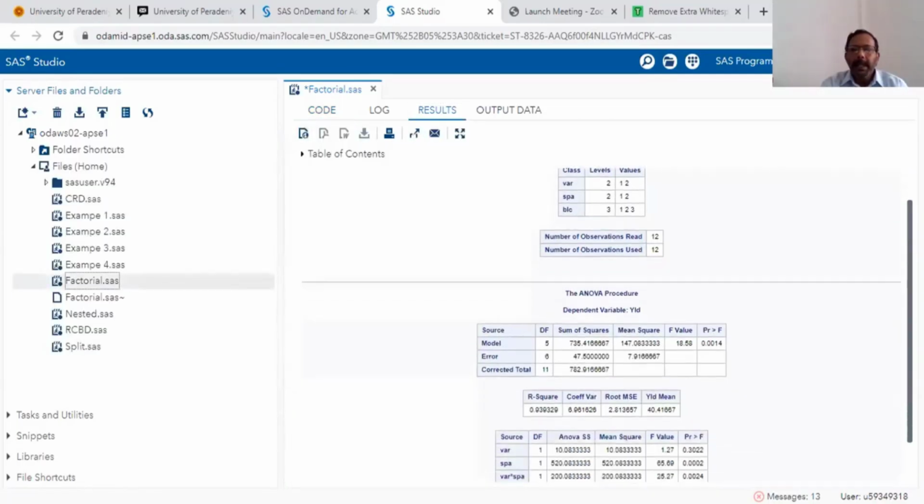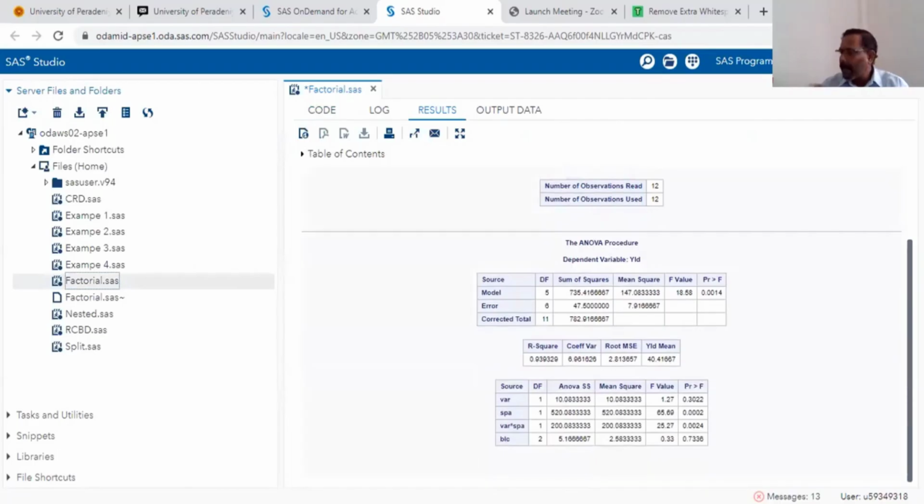I will execute the program. So basically, we directly go for the interaction. You can see all the other information, but we go for the interaction. First, we'll have to look at the interaction, as I said. The model included variety effect, spacing effect, variety and spacing effect, and the block effect.